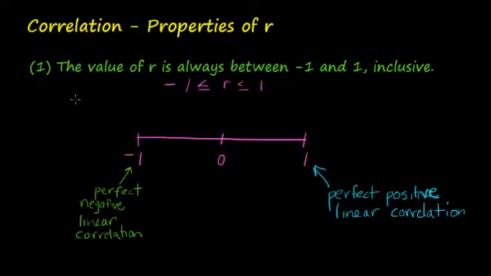So what's going on right here in the middle? Well, an r of 0 means there is no linear correlation.